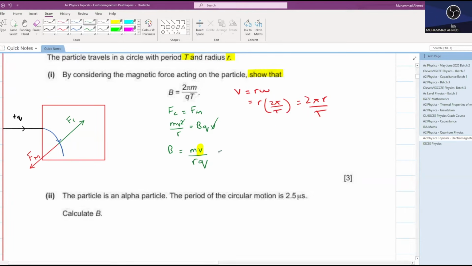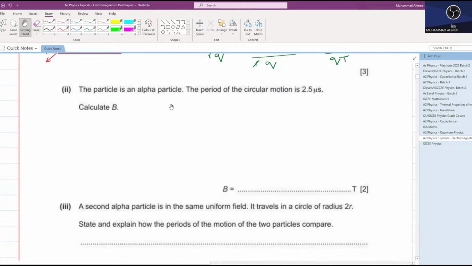B is equal to m into 2 pi r over T, multiplied by rq. This r and r will get cancelled out. The remaining will be 2 pi m divided by qT. This is the same as in the question.